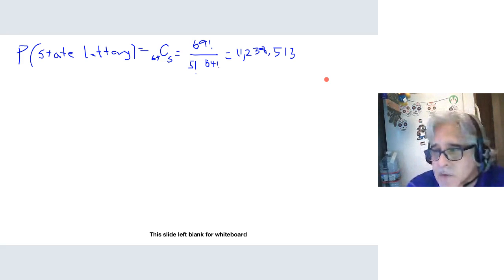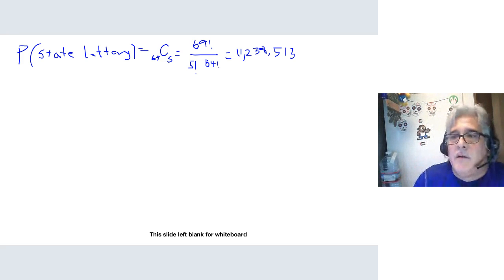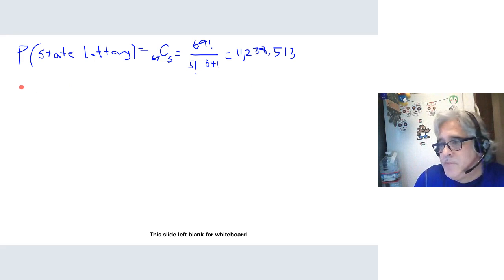All right, so this is the number of ways to do the state lottery. Now, here's the number of ways to get your Powerball.